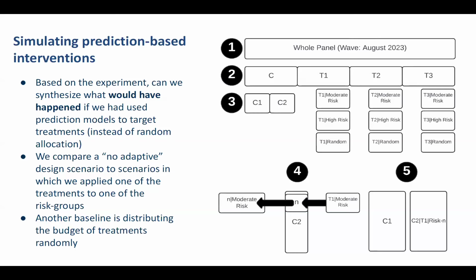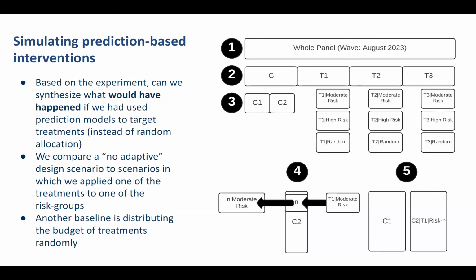This simulates what if we had a budget to apply that treatment to 15% of the highest-risk participants in the survey. But what if we're not targeting the high-risk people, but the moderate-risk people? What if we're using this treatment or that treatment? All of these different scenarios we can repeat and simulate.